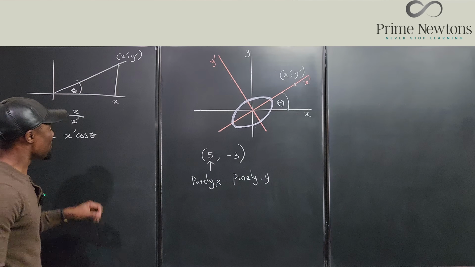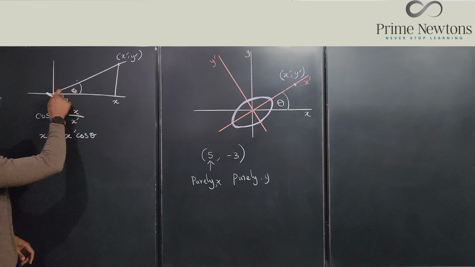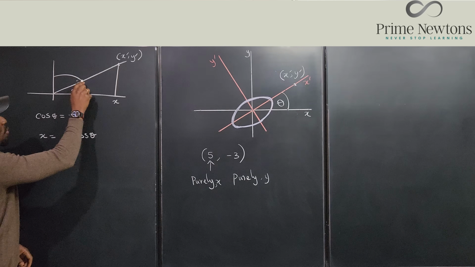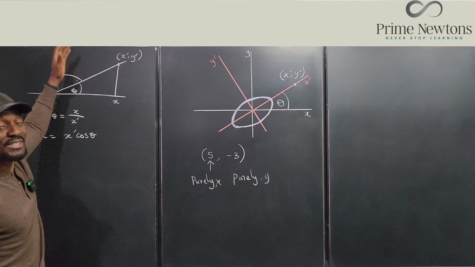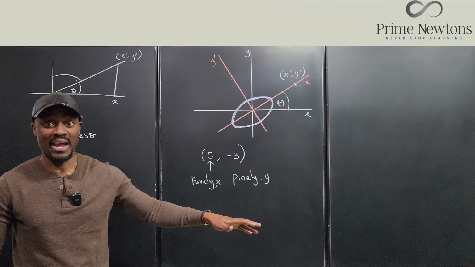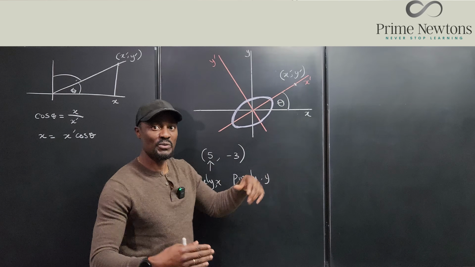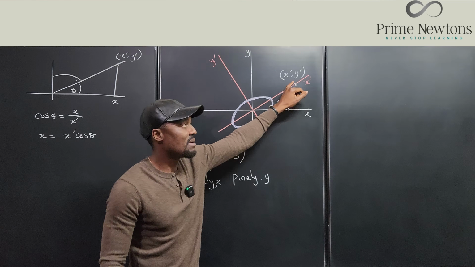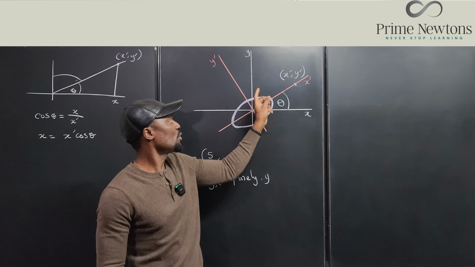Right? And similarly, since this angle is theta, this angle is 90 minus theta, this one here. We want to know what portion of this length has helped the y-axis. Normally, a pure x does not help y because it doesn't rise, it stays flat. But this one has both moved to the right and risen. So there has to be a component of the x prime that is also helping y to go up. So what portion of this is y?